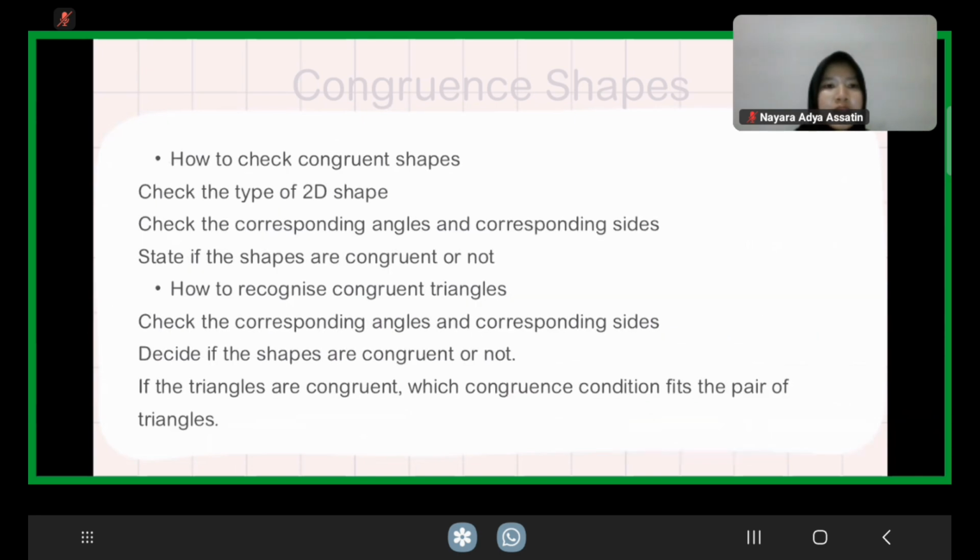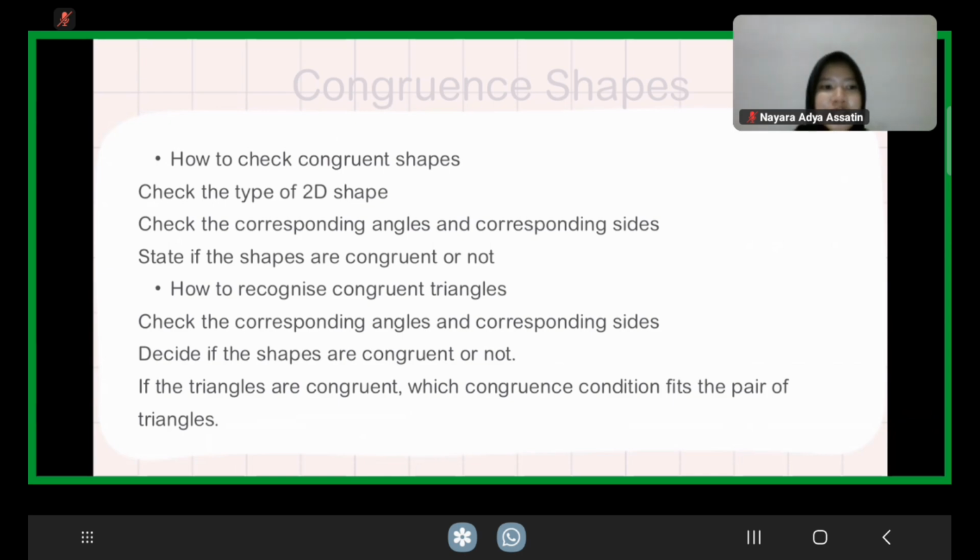Now, how to check congruent shapes? First, check the type of two-dimensional shape. Second, check the corresponding angles and corresponding sides. Last, state if the shapes are congruent or not. Now, how to recognize congruent triangles?